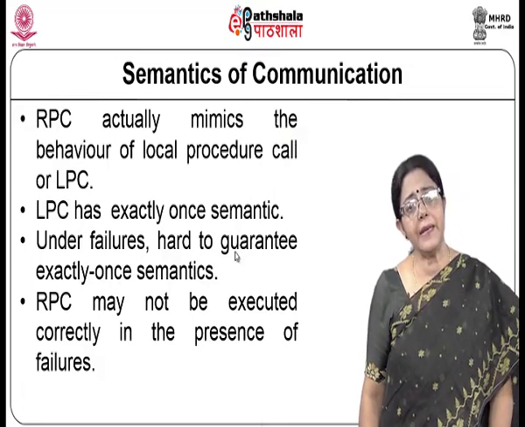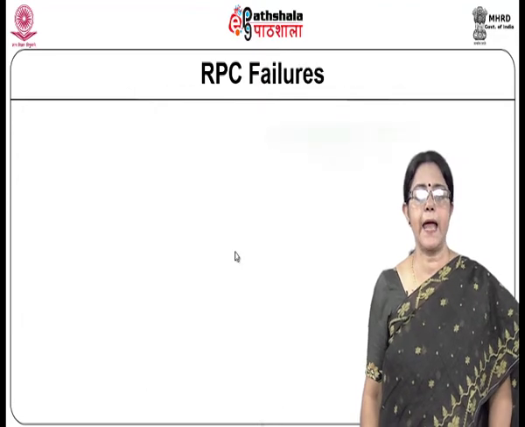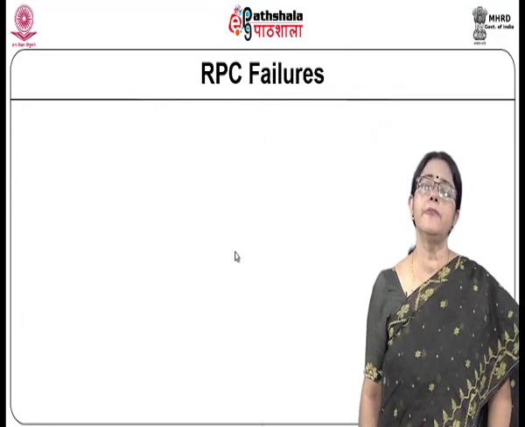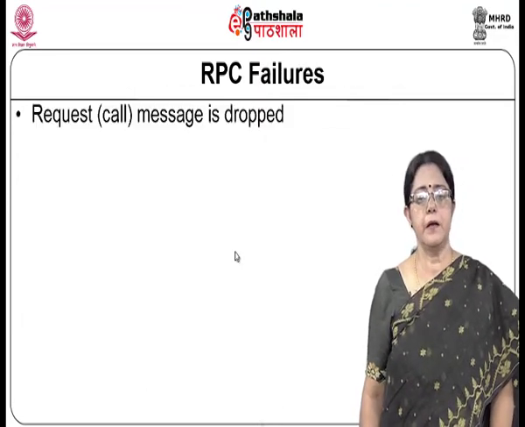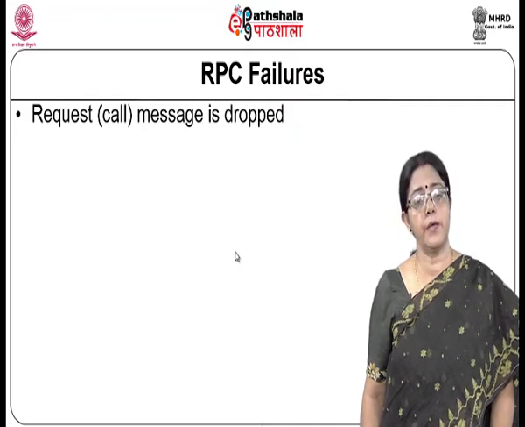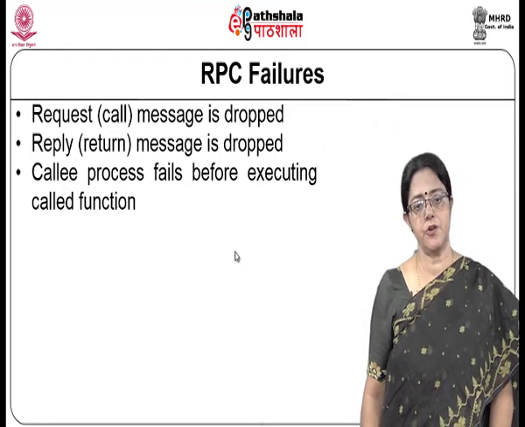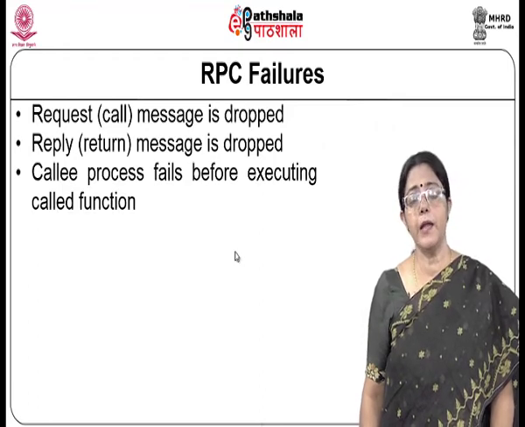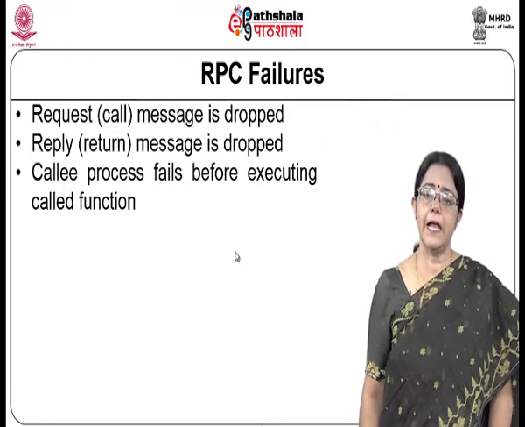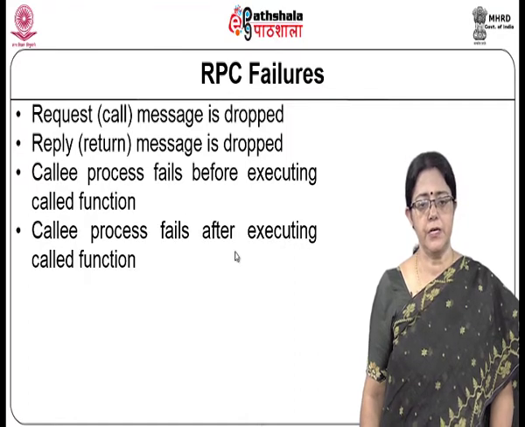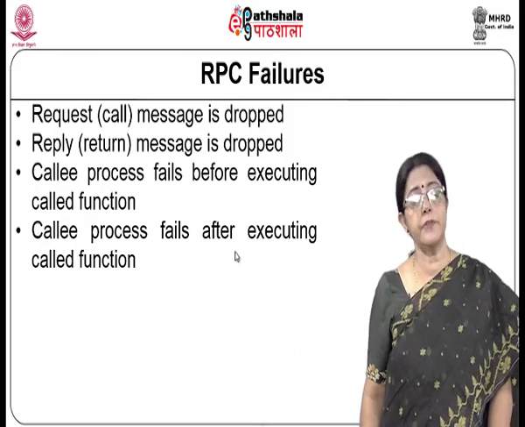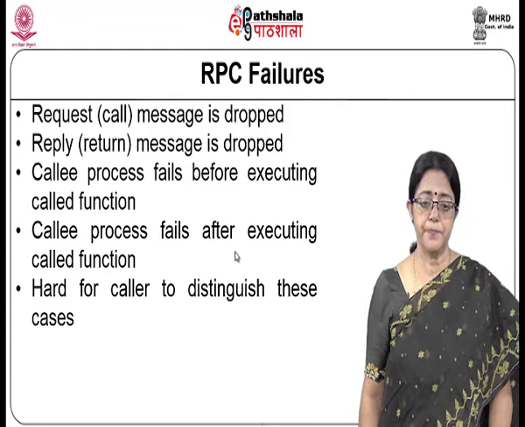Now, there are many failures that can happen. Let us look at the failures of RPC. The call request message can be dropped, or a reply message may be dropped. The callee process fails before executing the function, or the callee process fails after executing the function.